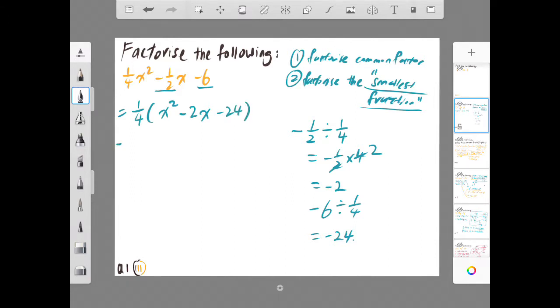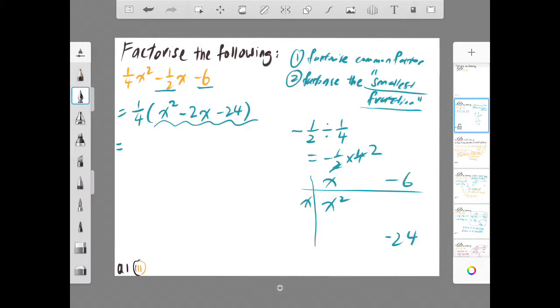Next we are going to use the multiplication frame to factorize this part of the expression. Let me just erase my workings. So the multiplication frame: x squared and negative 24. We will have x and x, negative 6 and 4. So this will be 4x and negative 6x, which add up to negative 2x.